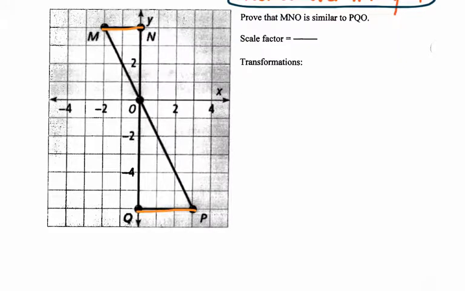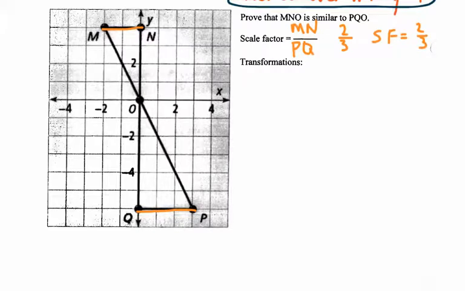So we want to take the pre-image, and the pre-image goes in the denominator, so we're doing MN divided by PQ. So MN is 2 and PQ is 3. So our scale factor is 2/3.